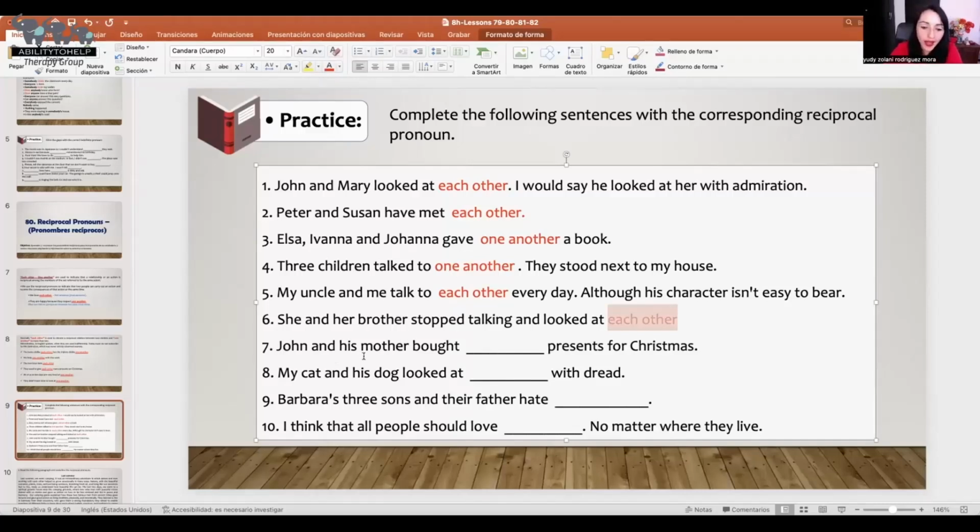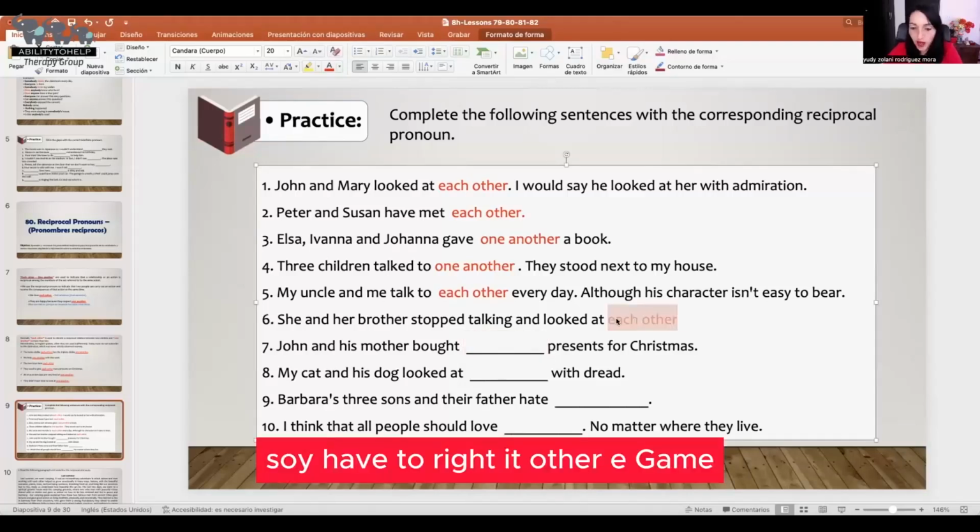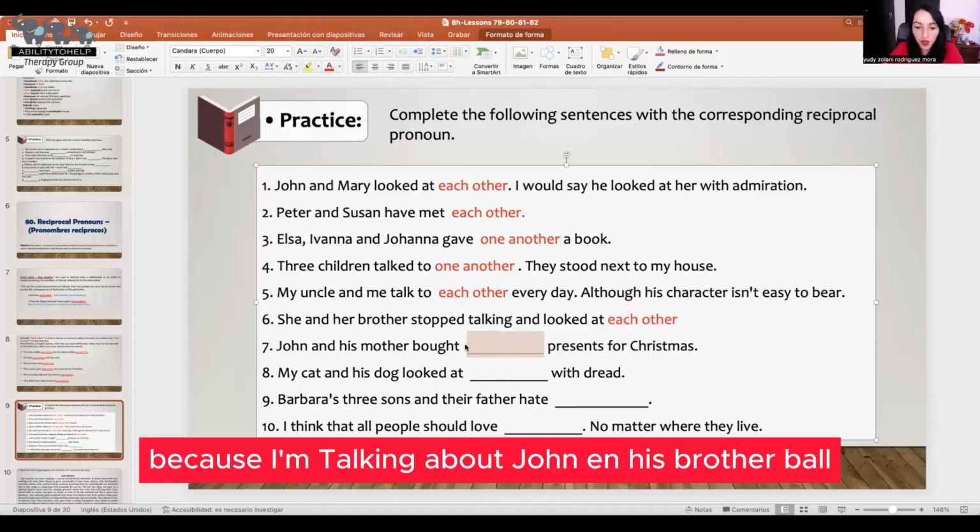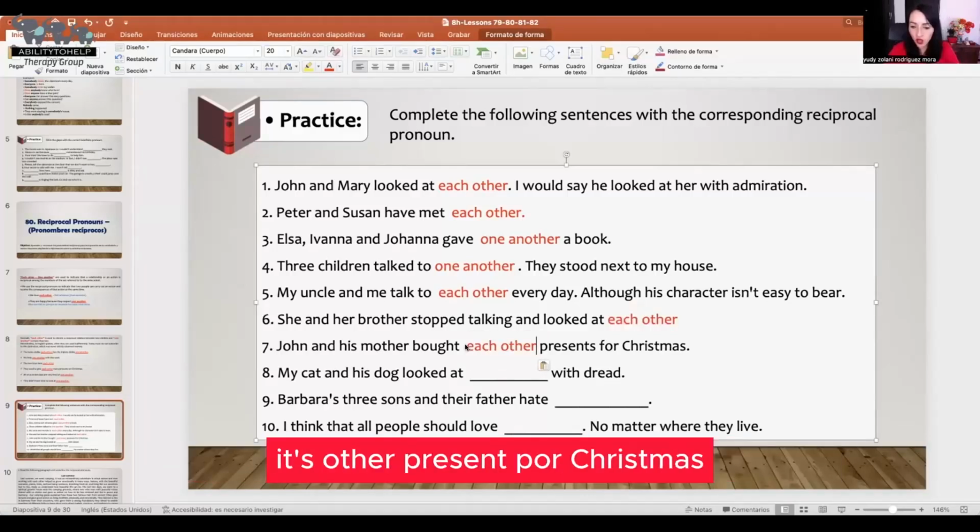So John and his mother bought... 2. So we have to write each other again. Because I'm talking about John and his mother bought each other presents for Christmas. What is the meaning about it?